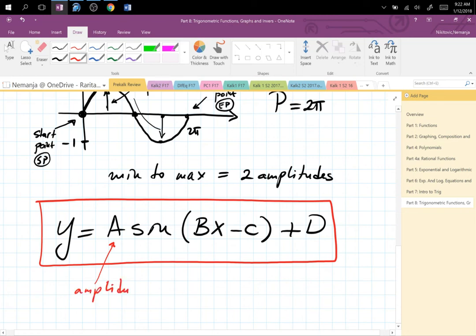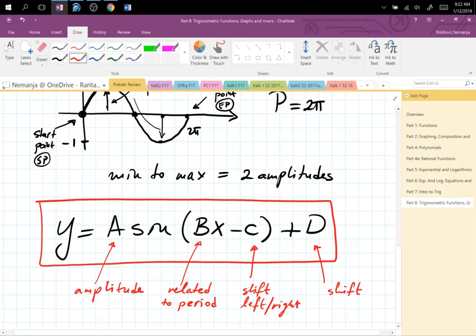Amplitude, related to period, this is shift left, right, and finally shift up, down.